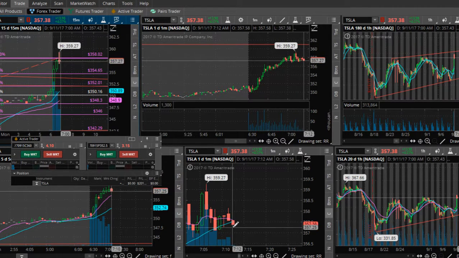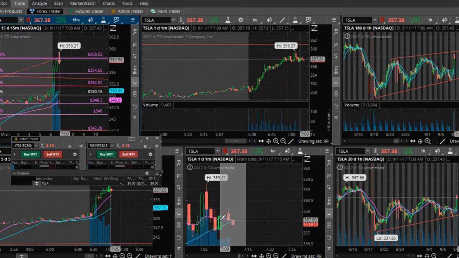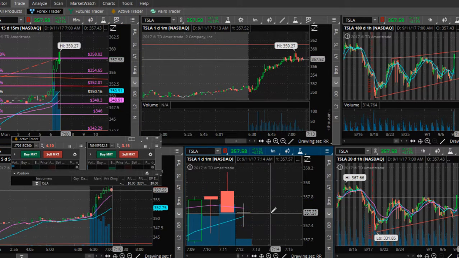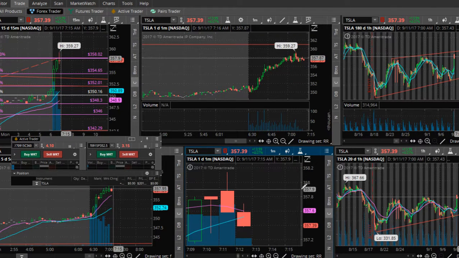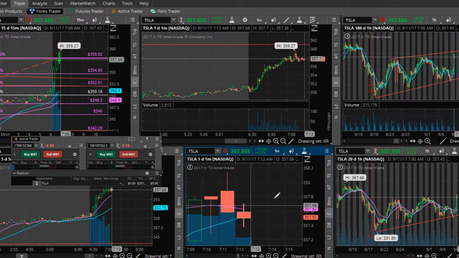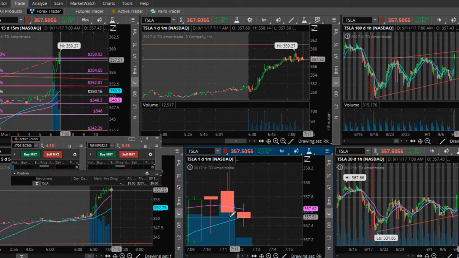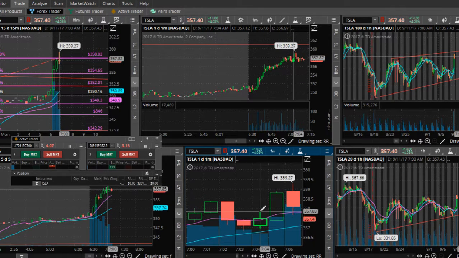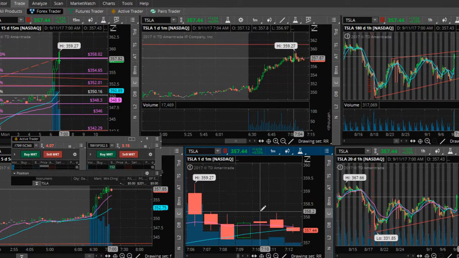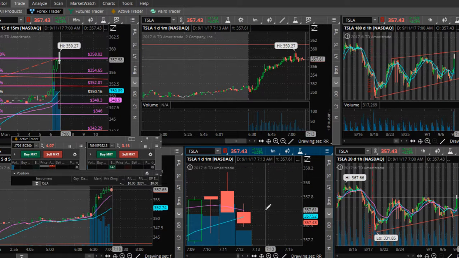Okay, look at that. It's beginning to cross. These guys are pushing it down. A lot of people are selling right about now. I know I'd be selling.